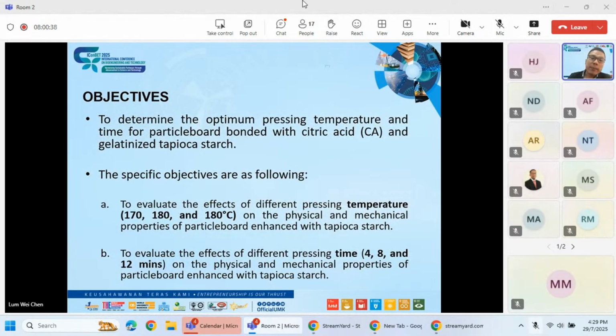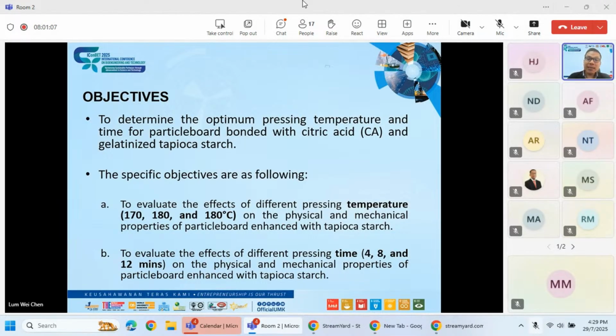All right, so the main objective is to determine the optimum pressing temperature and time for particle board bonded with citric acid and gelatinized tapioca starch. The specific objectives are to evaluate the effect of different pressing temperatures. In this study, we use 170, 180, and 190 degrees Celsius.